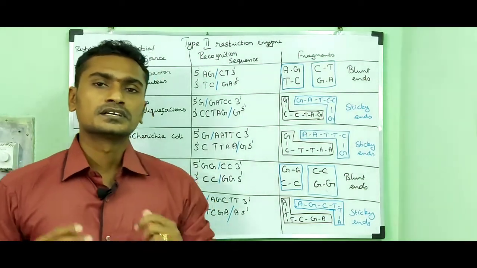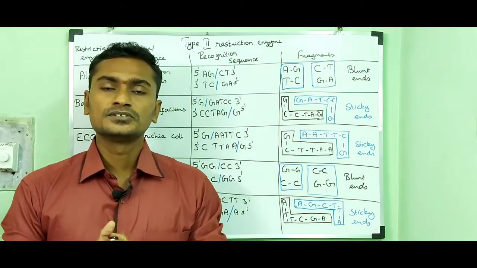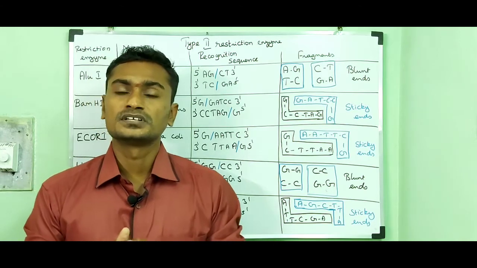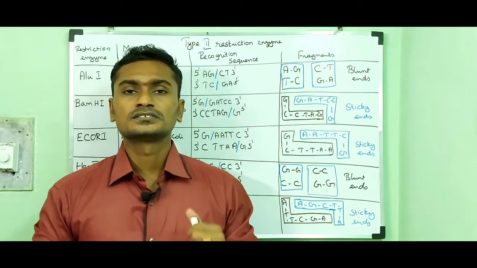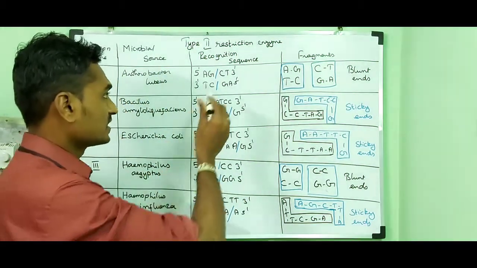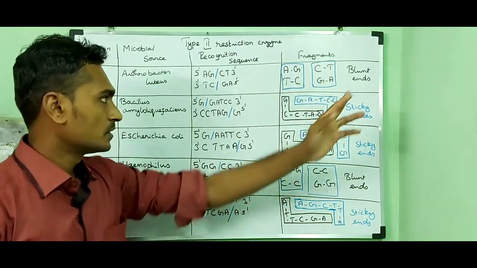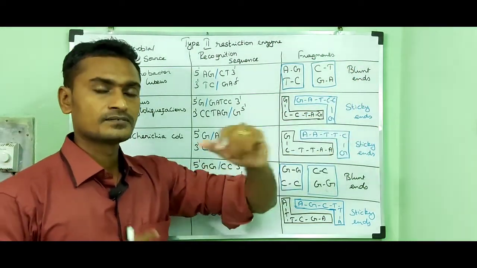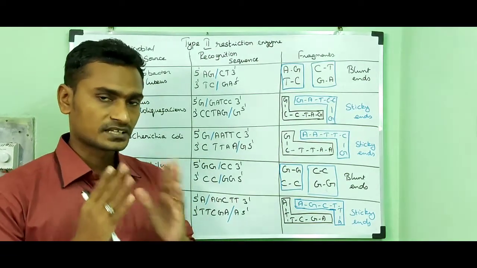Then the cleavage produced by the restriction endonuclease enzyme is very important in the design of gene cloning experiments. Some enzymes cleave both DNA strands in the center, resulting in blunt ends or flush ends, and these cuts are called symmetrical cuts.